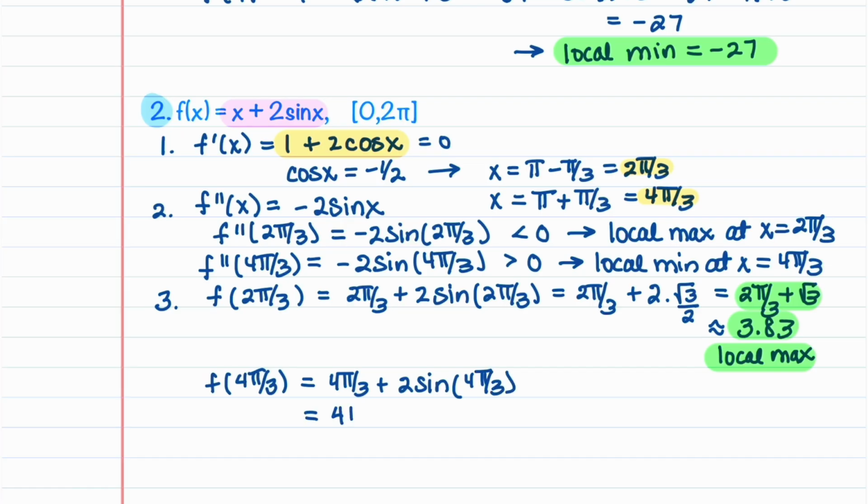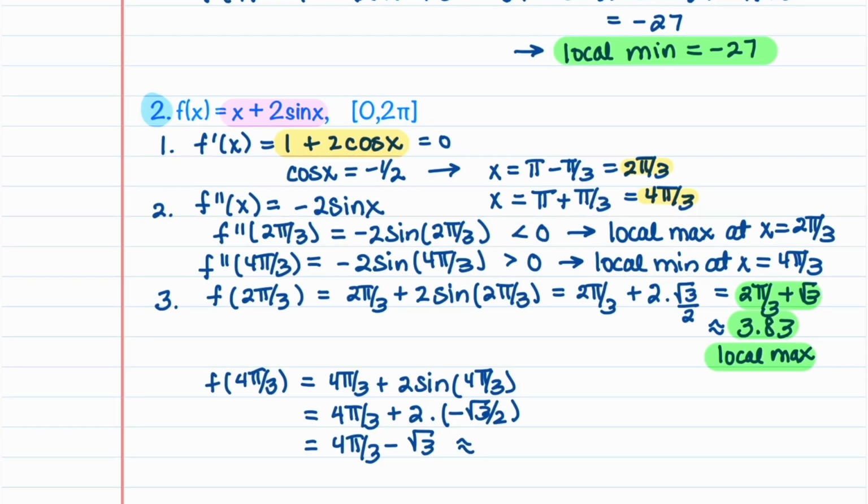Sine of 4 pi over 3 is negative because it's in the third quadrant, and we have a minus root 3 over 2. So this is 4 pi over 3 minus root 3. Putting that into your calculator, you get approximately 2.46. And this is a local min.